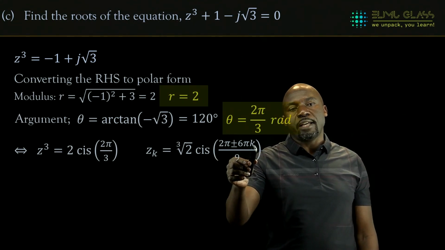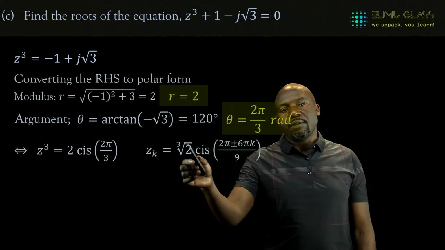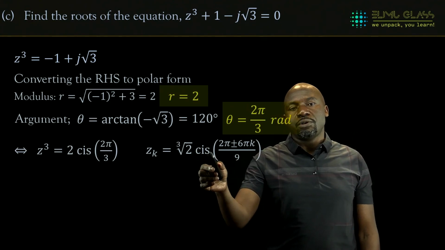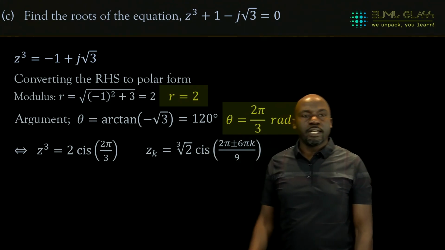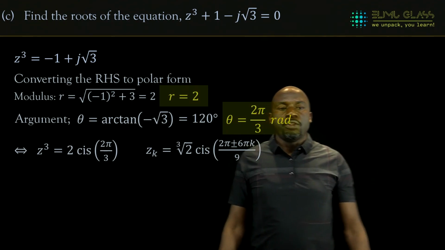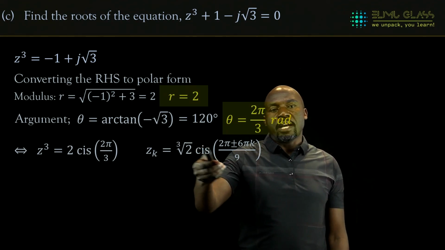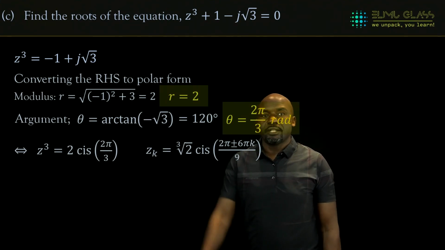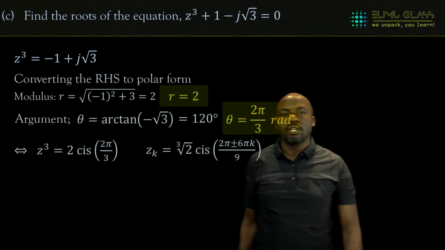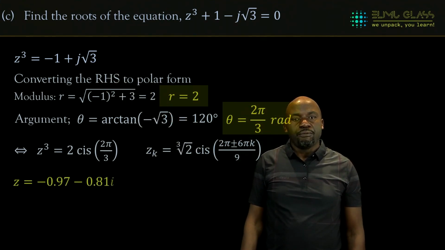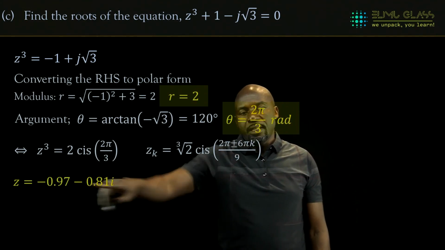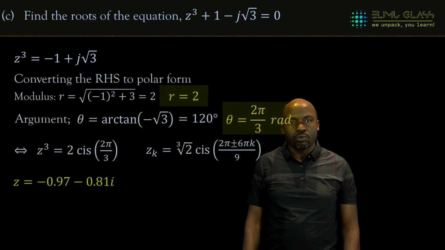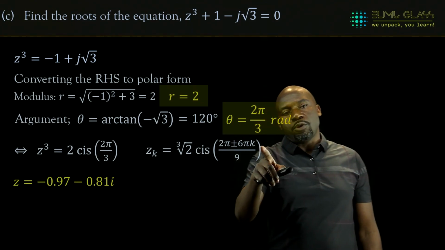We have the cube root of 2, cis of 2 pi over 9. Enter that into your calculator directly, or leave it in terms of cosine and sine, but it's better to turn it back into that form using your calculator. That is the first root we get when we substitute k of 0.